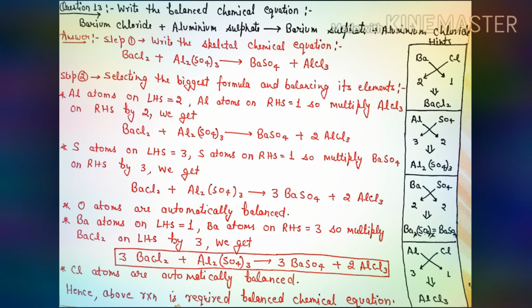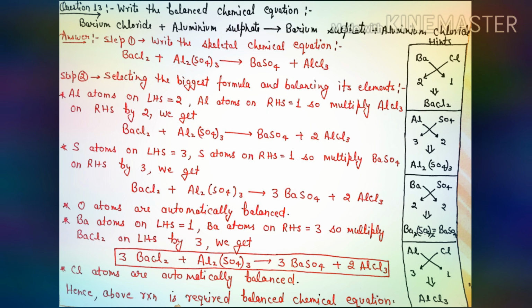That is, aluminium atoms on LHS are 2, whereas aluminium atom on RHS is 1. So multiply aluminium trichloride on RHS by 2. So we get the given reaction. Then sulfur atoms on LHS are 3, whereas sulfur atom on RHS is 1. So multiply barium sulfate on RHS by 3. So we get the next equation.